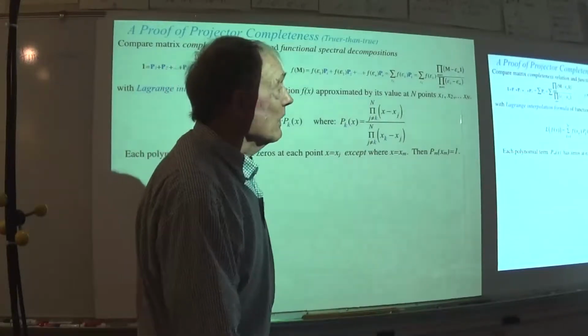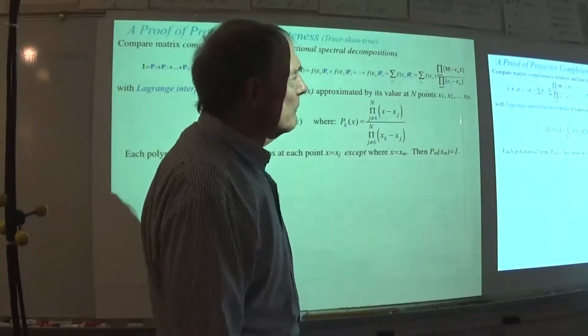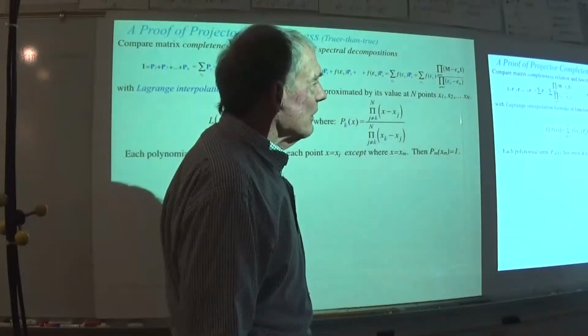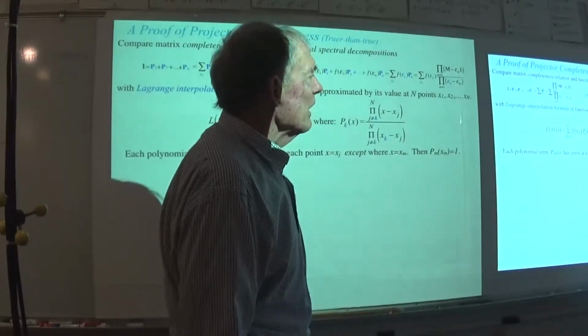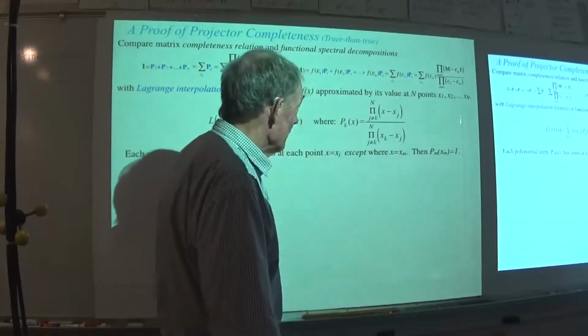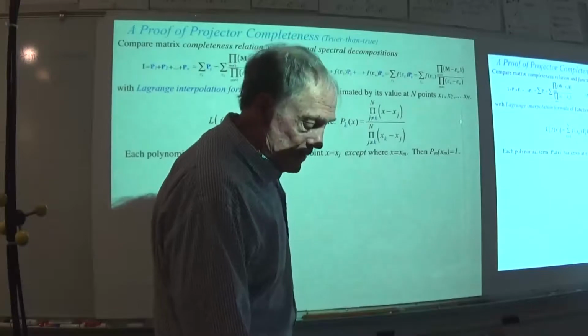Each polynomial has zeros at each data point x, except where x is some other point, and at that particular value you get a 1, just the number 1. These things cancel each other. Pretty clever.